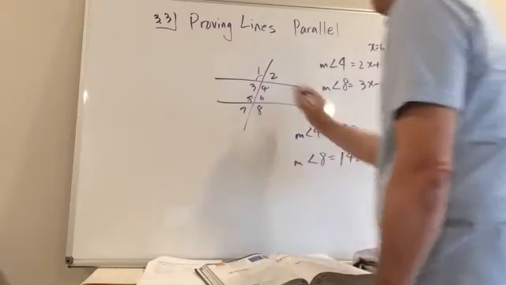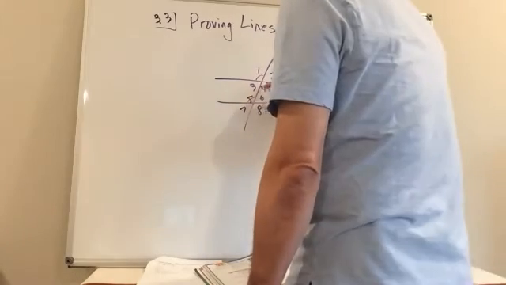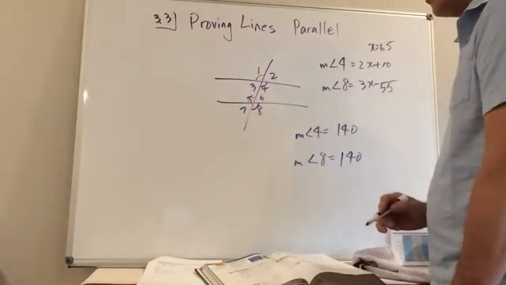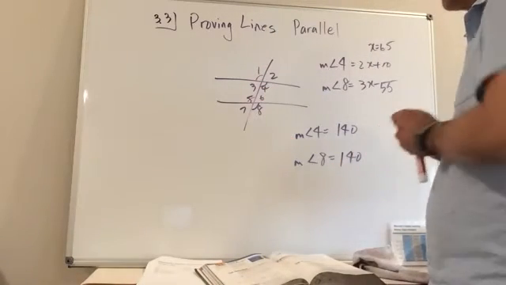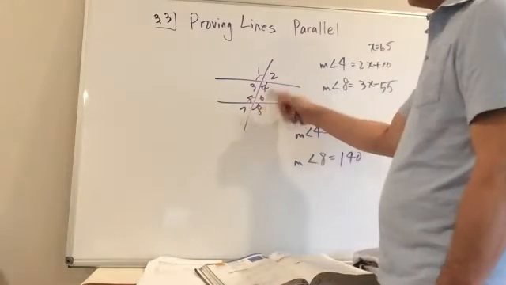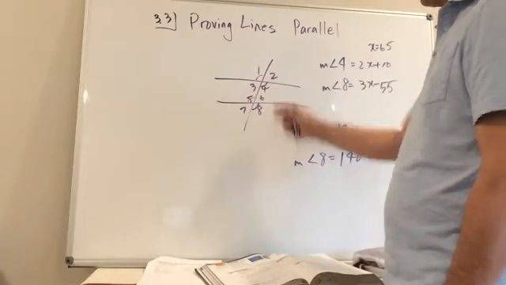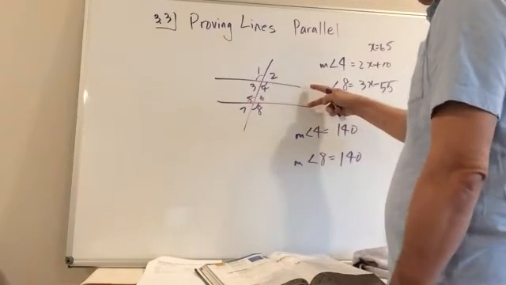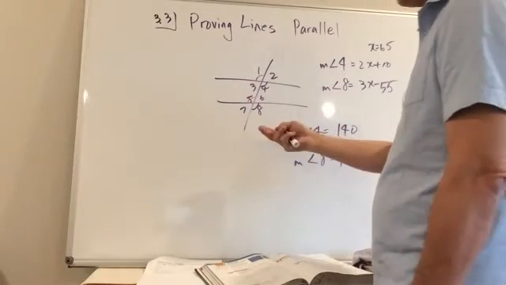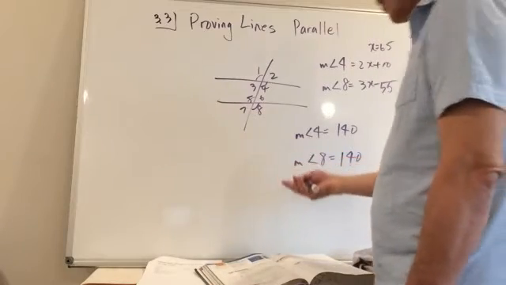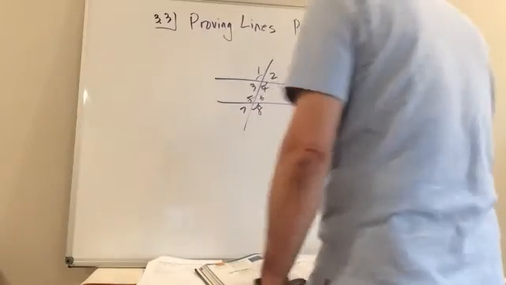So angle 4 and angle 8, which just happen to be corresponding angles, are congruent. So since the corresponding angles are congruent, I can say that these two lines are parallel using the converse of the corresponding angle postulate. Okay.